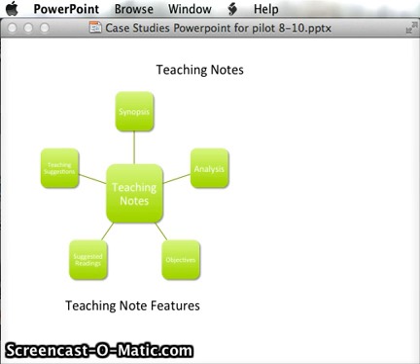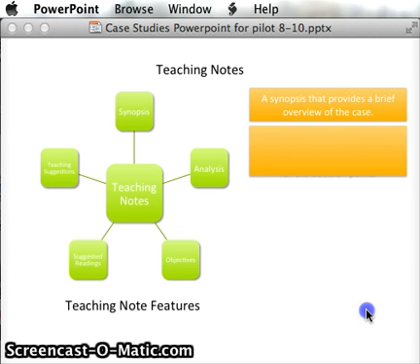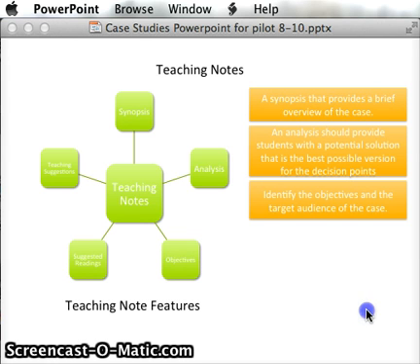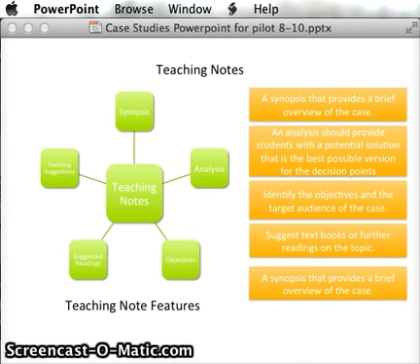There are several elements that need to be included in a case study's teaching notes: a synopsis, an analysis, objectives, teaching suggestions, and suggested readings. Teaching notes should comprise approximately 5 to 7 pages.